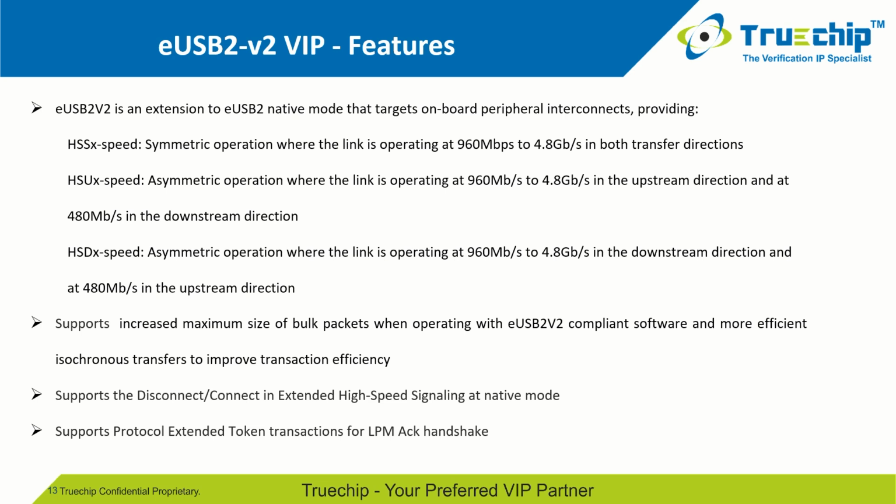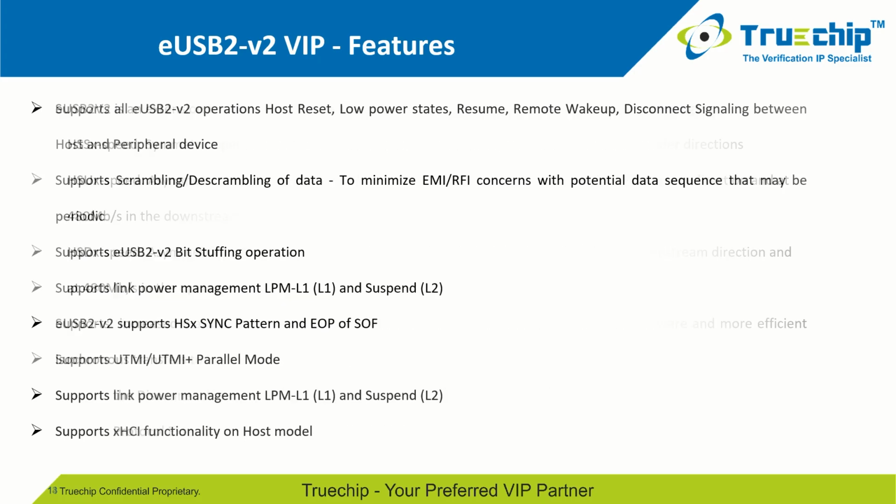It also supports protocol extended token transactions for LPM ACK handshake. TrueChip's eUSB2 v2 VIP supports all operations such as host reset, low power states, resume, remote wake up, disconnect signaling between host and peripheral device.